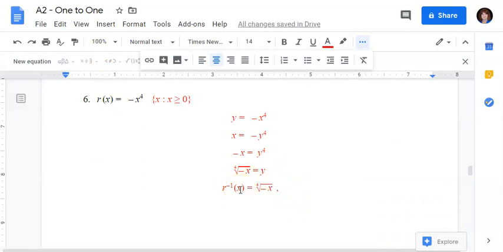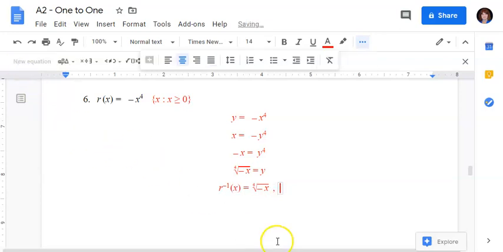It will prevent us from having a negative value under that 4th root. So we're going to say x is less than or equal to 0 is the domain of the inverse of our function.